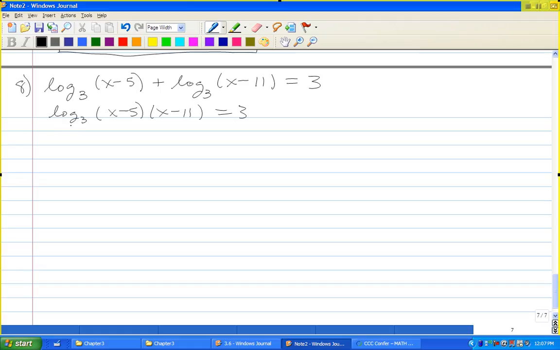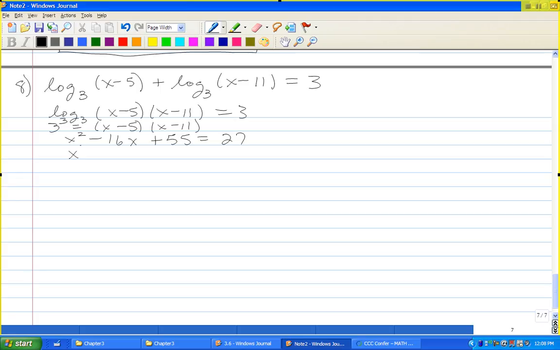So the base is 3, the exponent is 3, and the result is (x minus 5)(x minus 11). Let me multiply this out. So I get x squared minus 16x plus 55 equaling 3 cubed, which is 27.